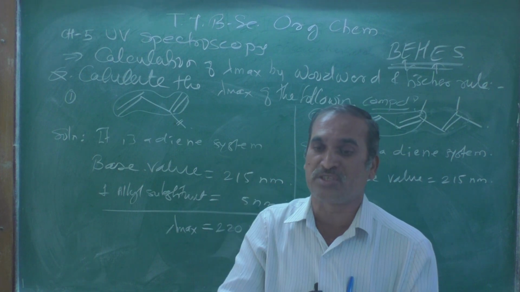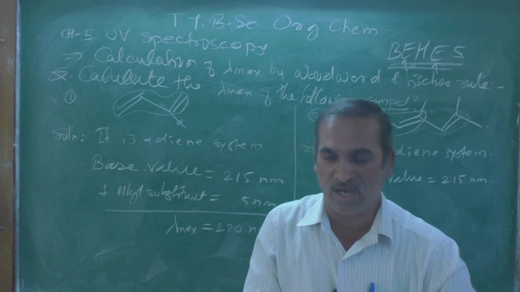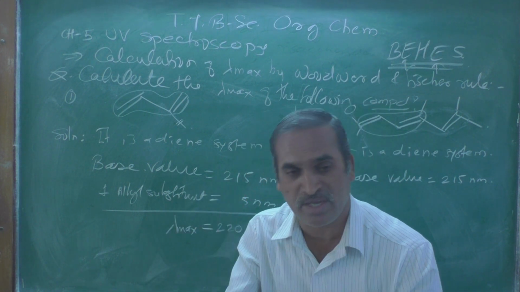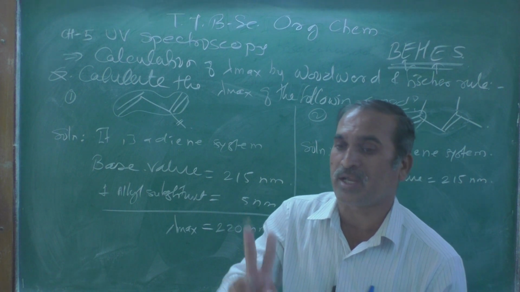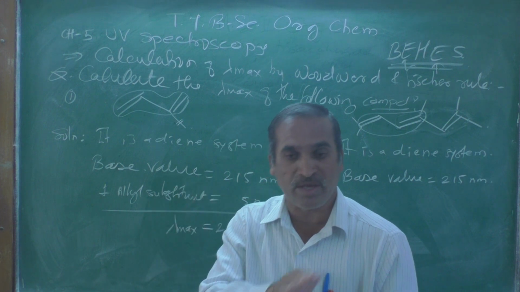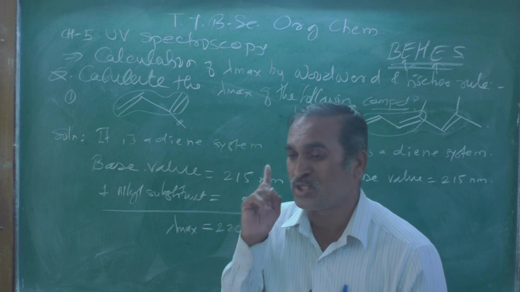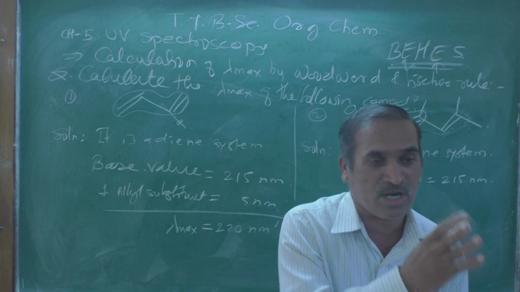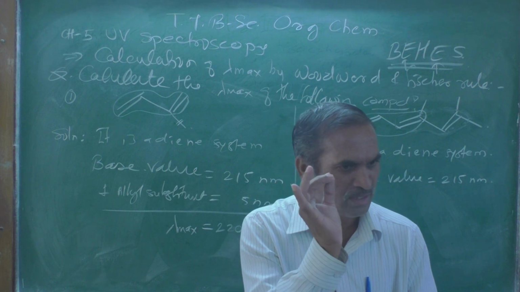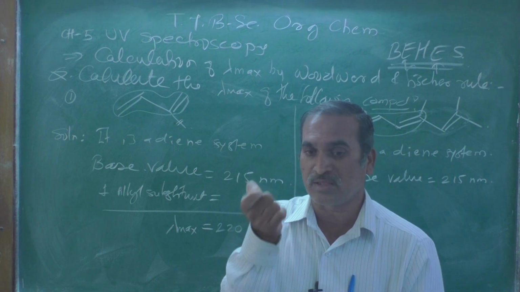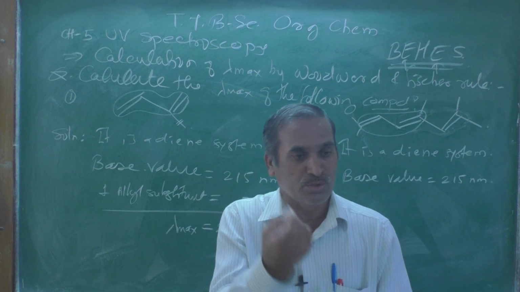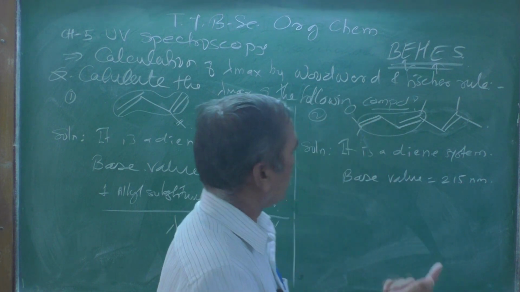Then and only then it is considered extended conjugation. If it is far away from the diene system, or separated by two single bonds from that diene system, then it is not considered an extra double bond. Remember this distinction.